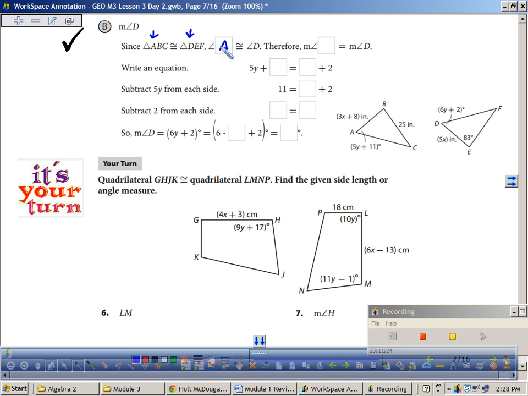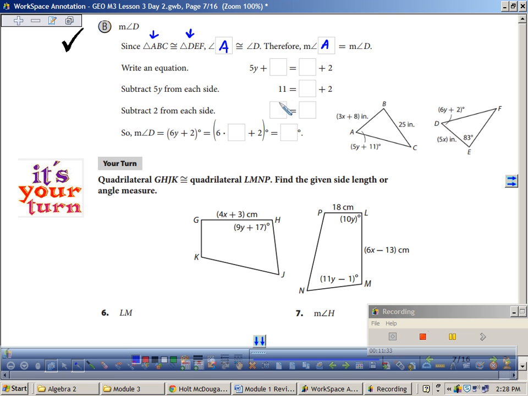So angle A is congruent with angle D, therefore the measure of angle A is equal to the measure of angle D. If the angles are congruent, then the measures of those angles are equal. It seems like a silly, unnecessary thing, but I want you guys to be able to recognize it, okay? It's like saying the same thing over again, right?